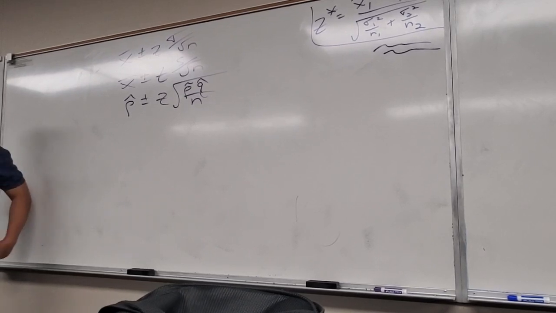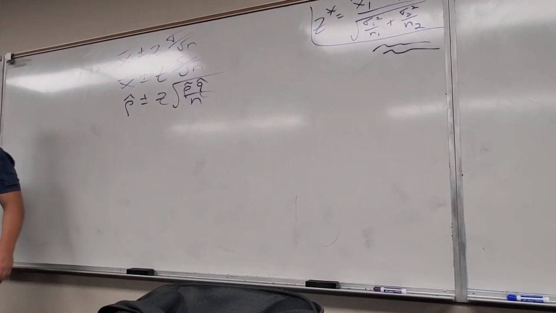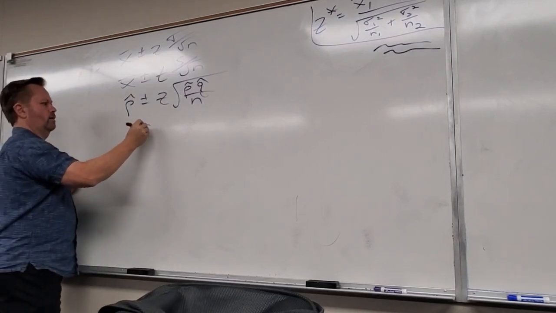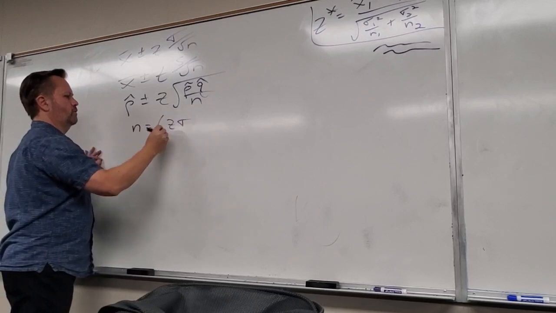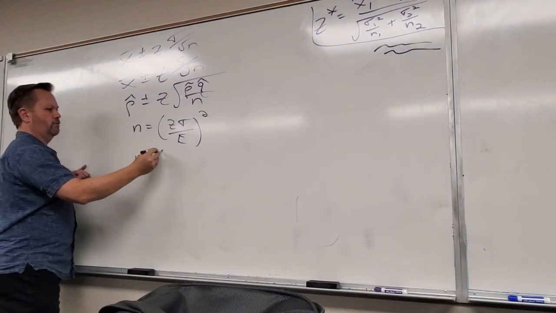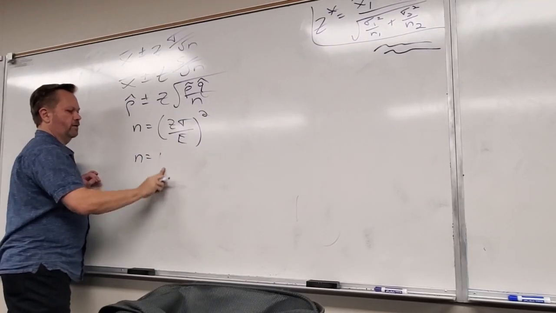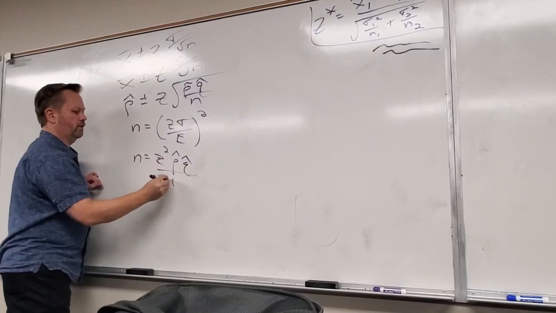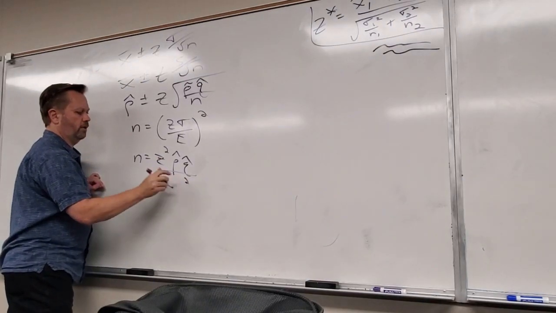Two more formulas came out of chapter 8, and actually it's three. n equals z sigma over E, squared. And then we've got n equals z squared p hat q hat over E squared.